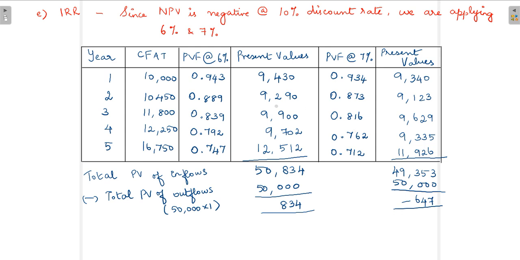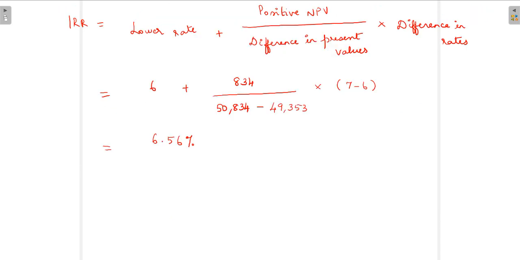I'll multiply them with the cash flows and find the present values. Total present value of inflows minus present value of outflows gives the net present values. And we use the IRR formula: lower rate plus positive NPV divided by difference in present values. You get the answer as 6.56%.